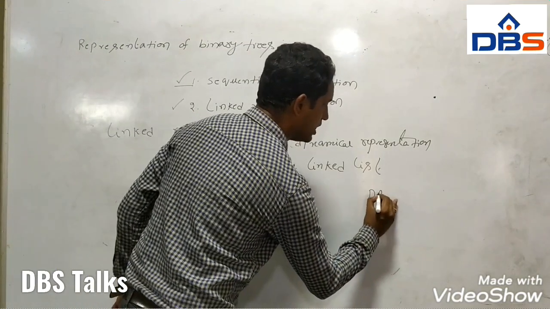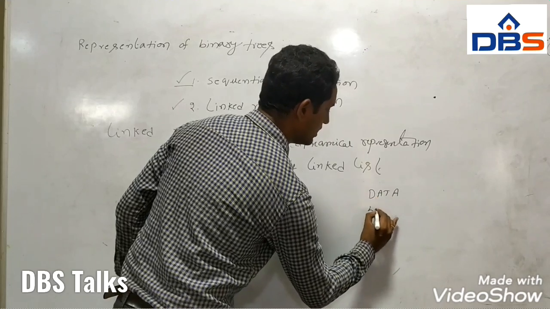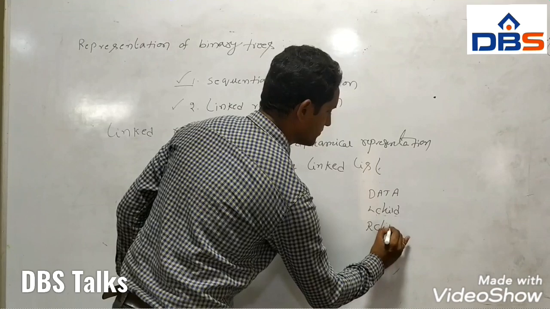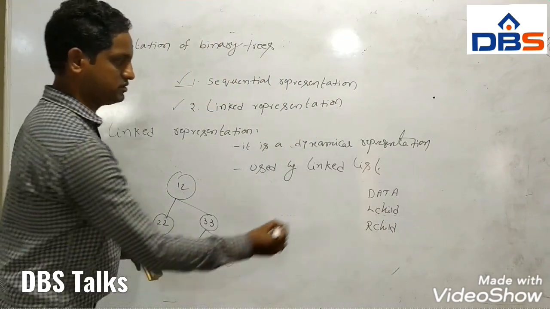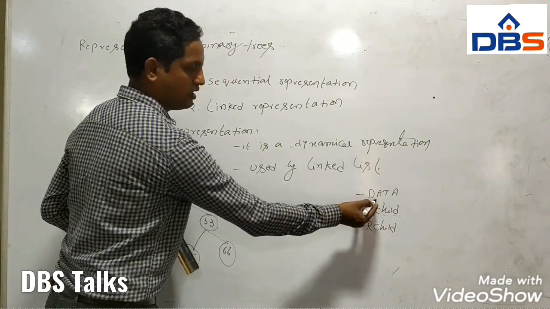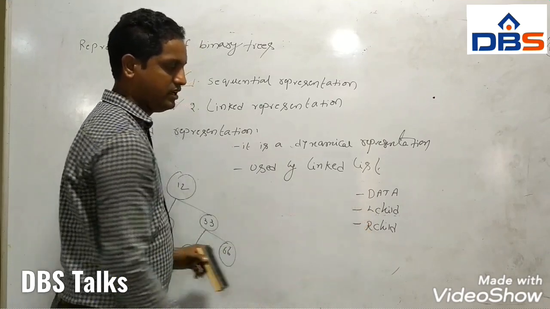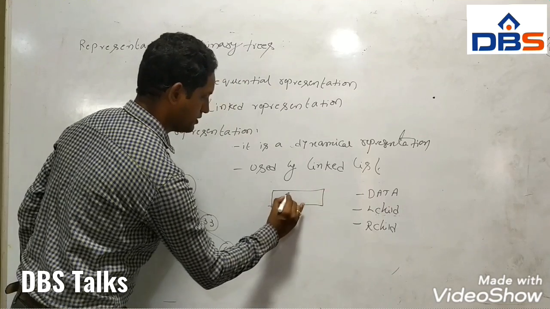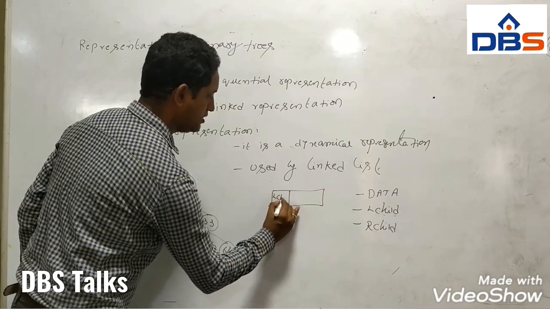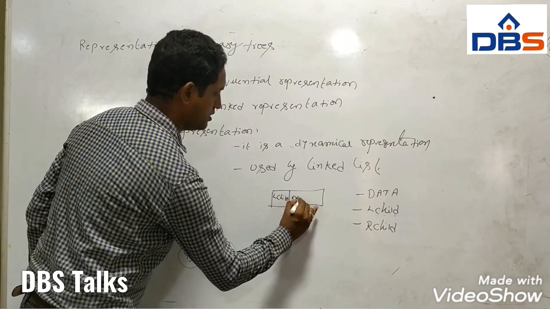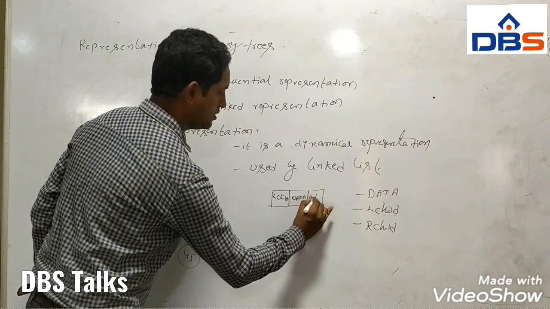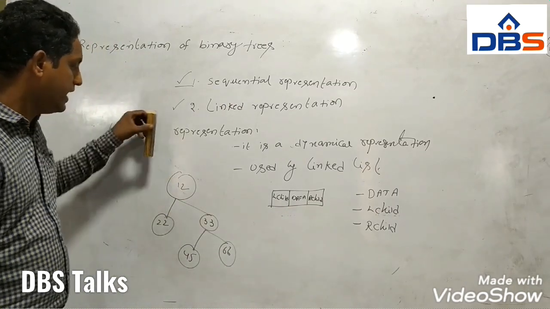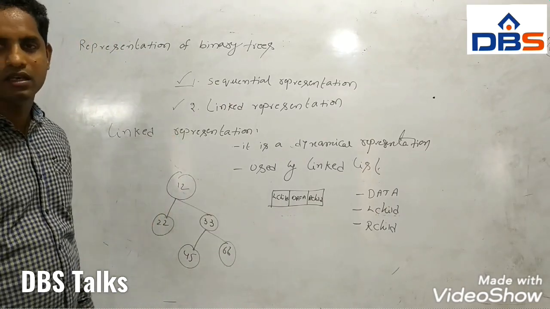First one is the data part, second one is the left child, third one is the right child. So three parts in the linked list: data, left child and right child. See, this is the structure: left child, data, right child. In that process, we can insert the nodes level by level.